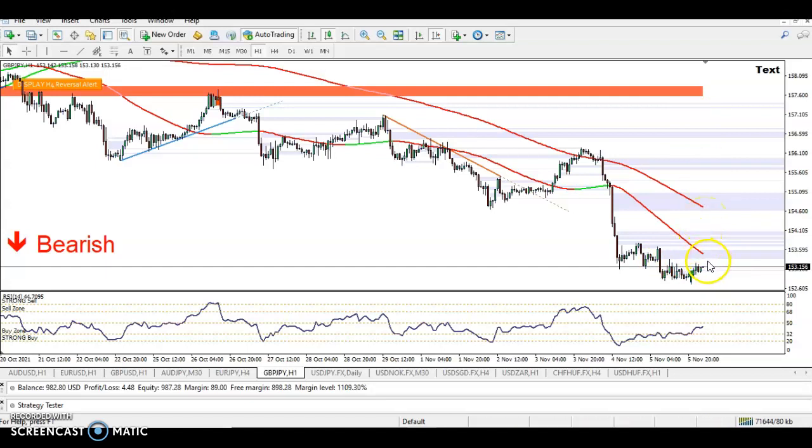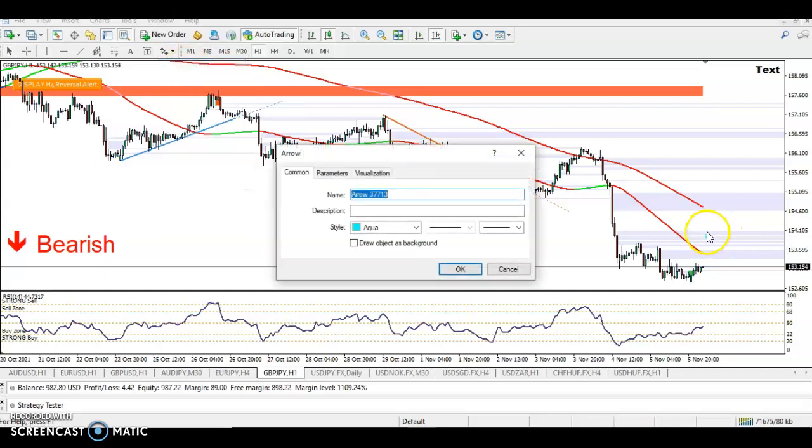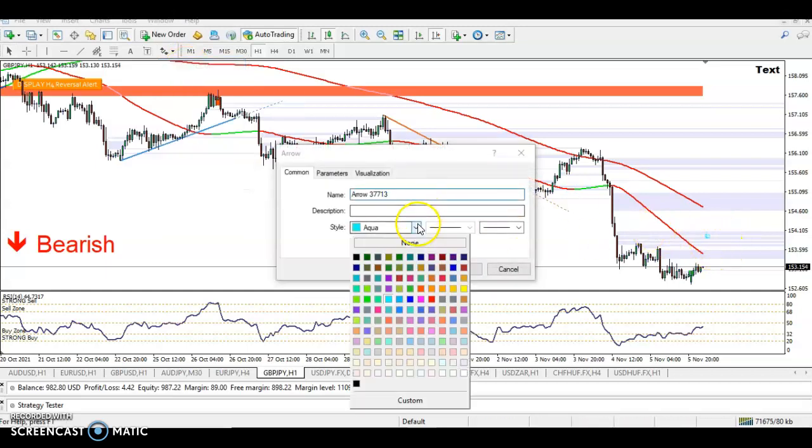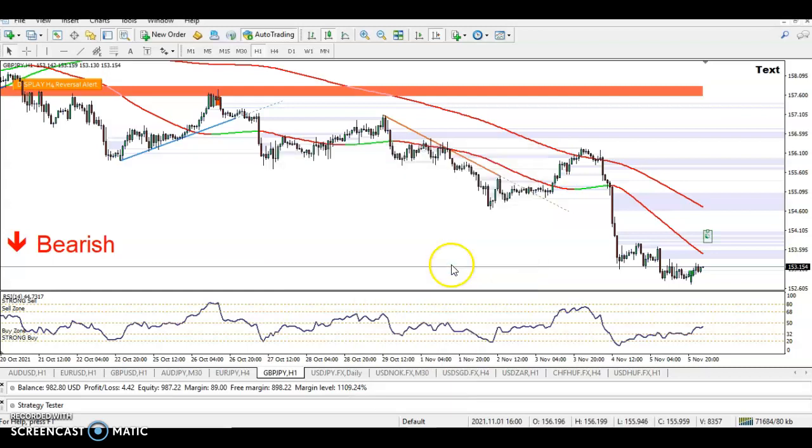So look for these gap areas 153 and above to be filled. Okay, and come back and show you that we want this area to be filled. Let me change this color a little bit. Want this area to be filled, and by Friday it should be.